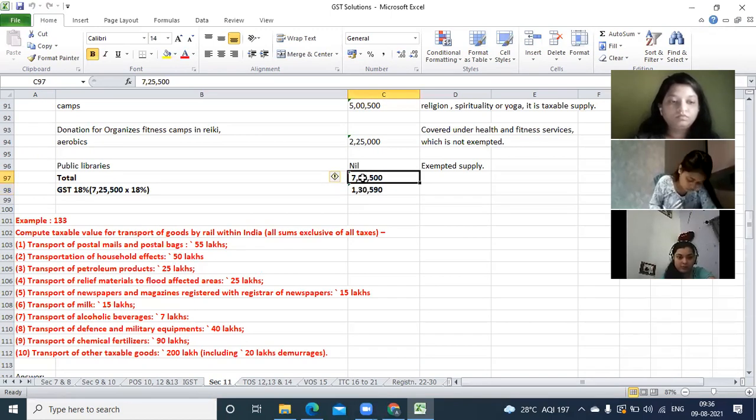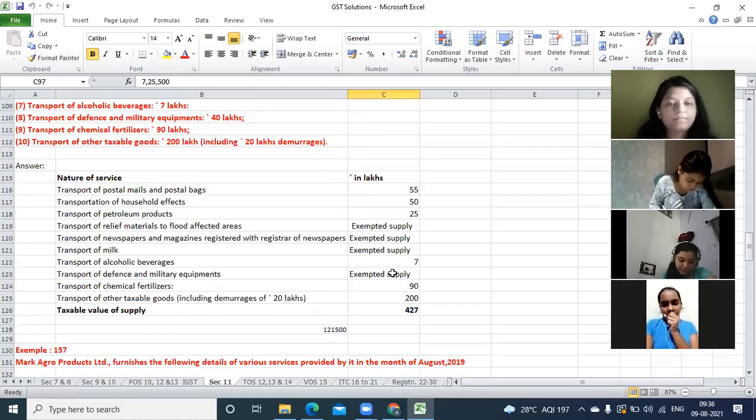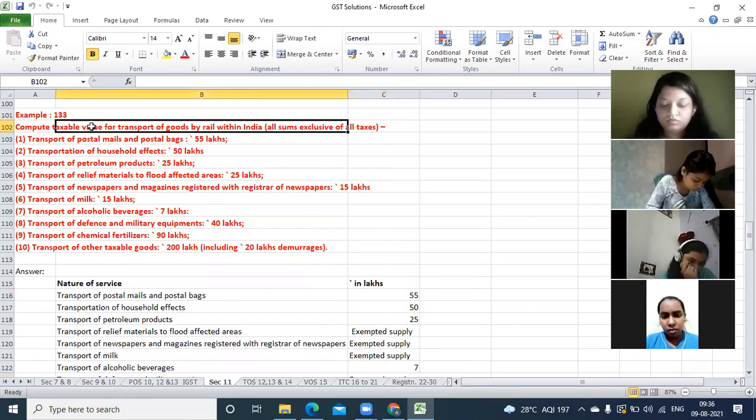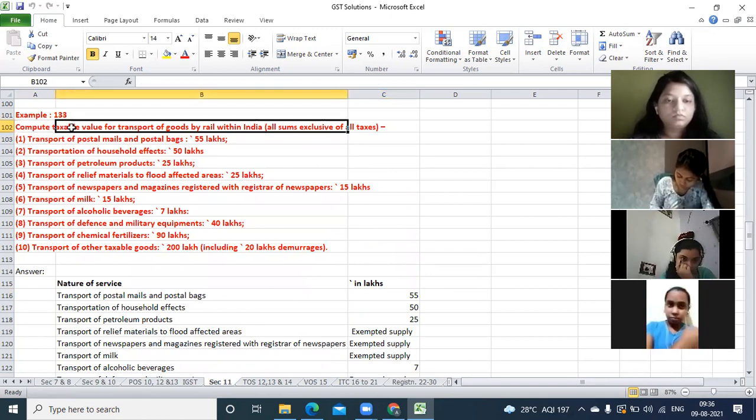This is known as total value of supply or taxable value of supply. Here also, taxable value of supply. This was the question only.